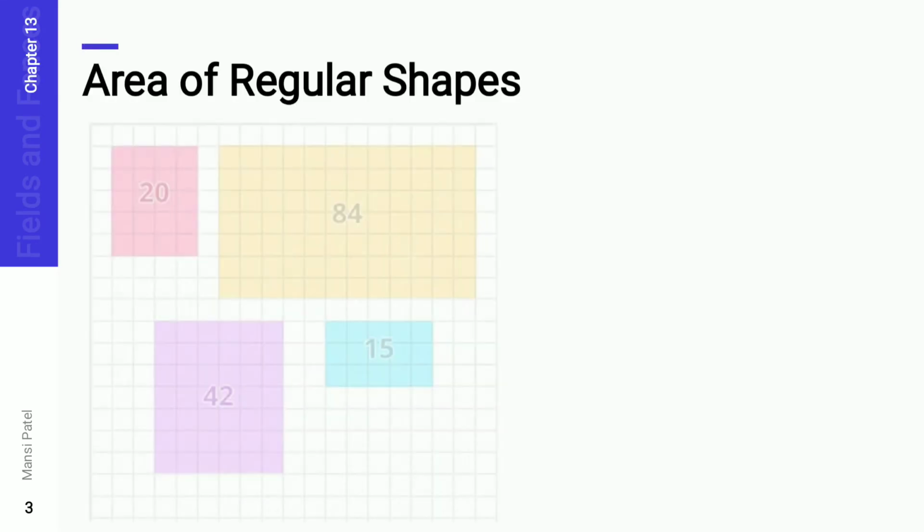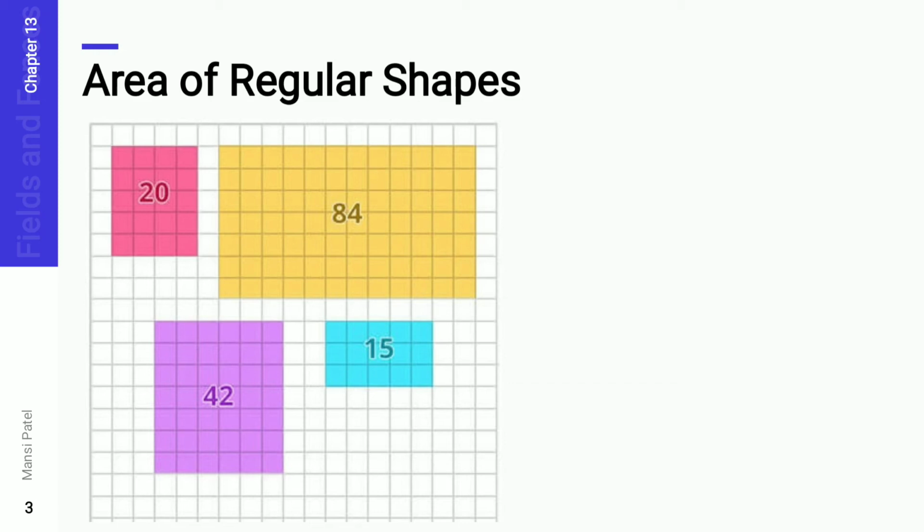Area of regular shapes. You can see here in this square grid some shapes are given to you. If they are given this type of shapes, then what are you doing? You are just counting the number of squares enclosed by that shape. See here, in the first shape, how many rows and columns are there? Just count: 1, 2, 3 and 4, and 1, 2, 3, 4 and 5.